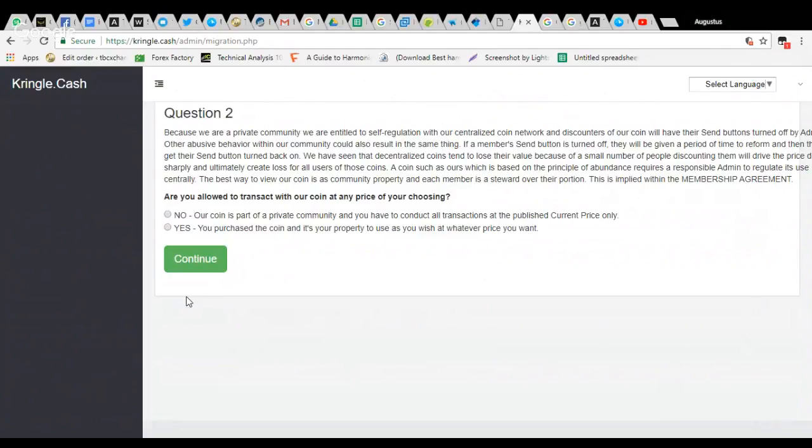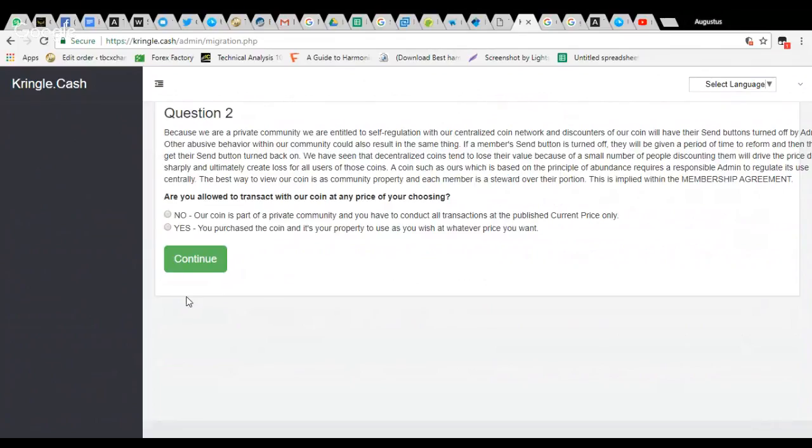The best way to view our coin is as community property, and each member is a steward over their portion. This is implied within the membership agreement. So the question is, are you allowed to transact with our coin at any price of your choice?